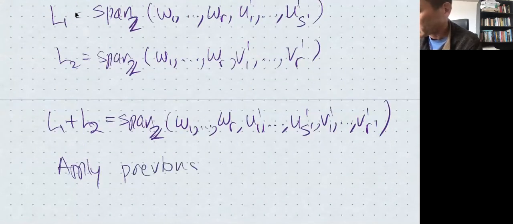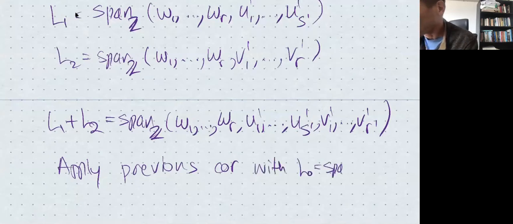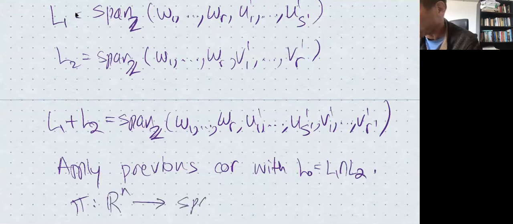And I can apply the previous corollary with L0 equals L1 intersect L2, and pi the orthogonal projection from R^n to the perp of the span of L0.